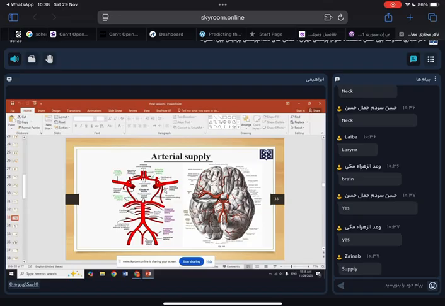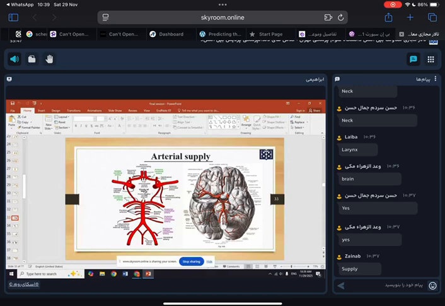And also, I told you before, when we have posterior something, we must have anterior something. We have the anterior communicating artery here, connecting the anterior cerebral artery of one side to the anterior cerebral artery of the other side. They come together, connect to each other, and make this circle of Willis.